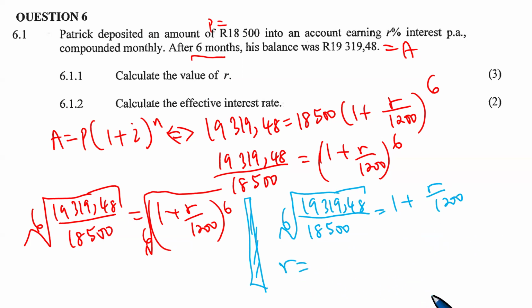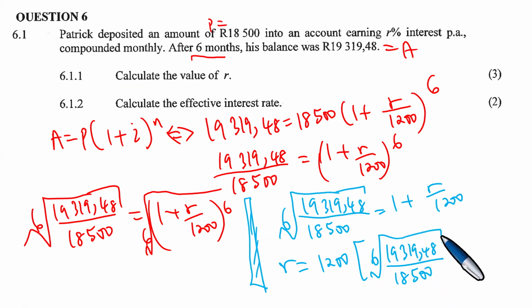So R is 1,200 times the 6th root of 19,319.48 divided by 18,500, minus 1. And then you'll be able to get the answer.